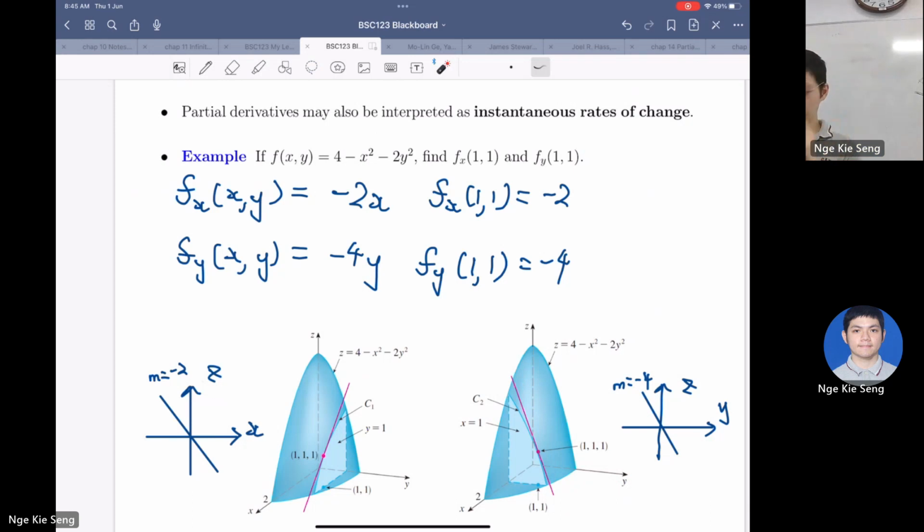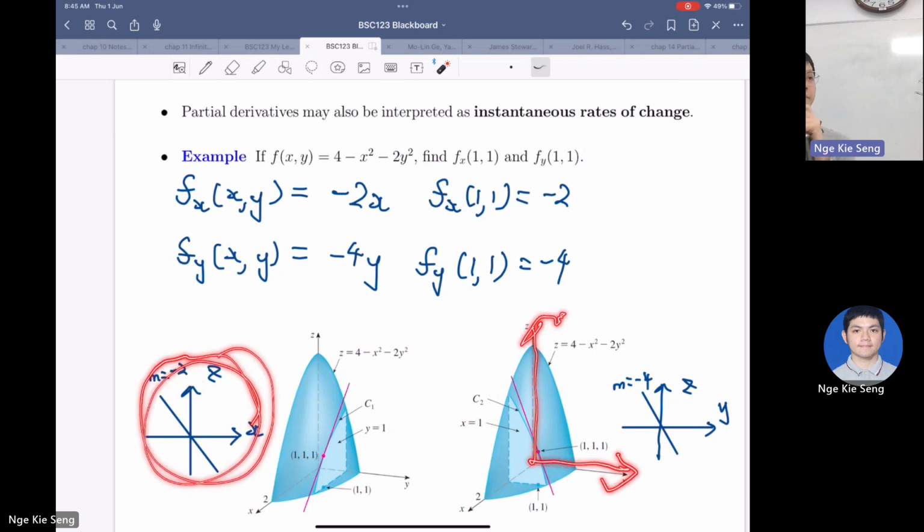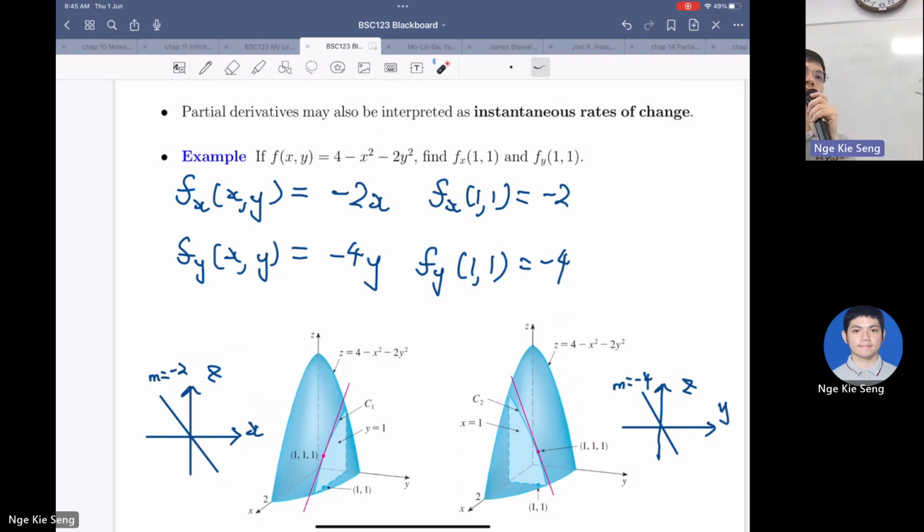I think this is easier because it directly matches up with this diagram, but the other one you need to turn around. Any questions? Okay, so far so good.